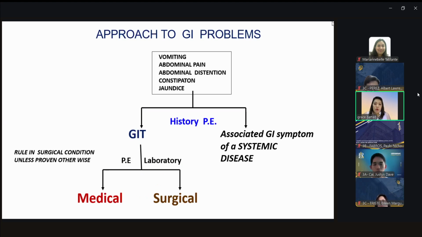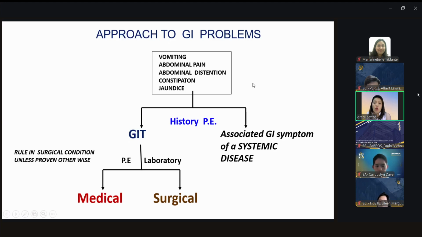As we all know, these are the common symptoms that children present to us with: the GI symptoms of vomiting, abdominal pain, distension, constipation, and jaundice.